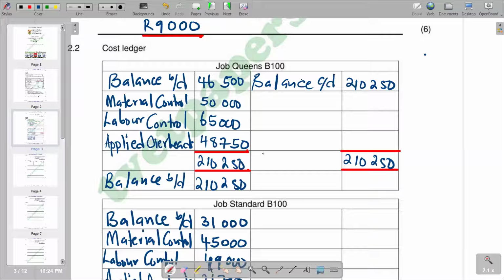So we can now do the same for our job standard B100.